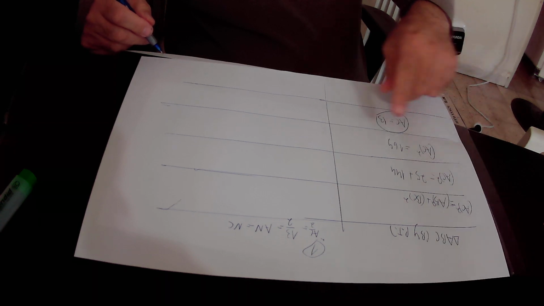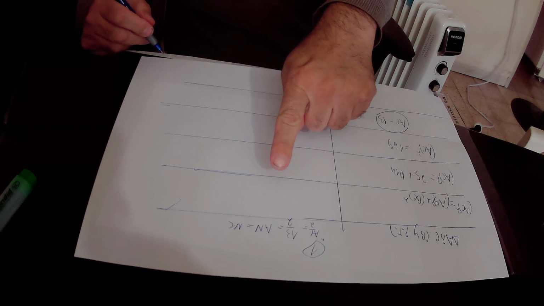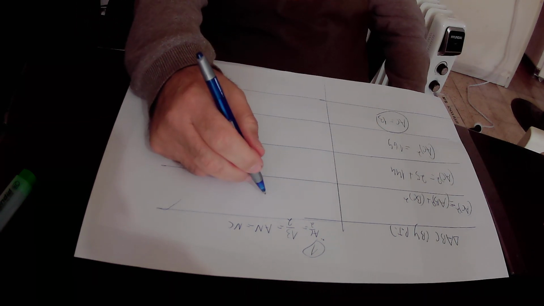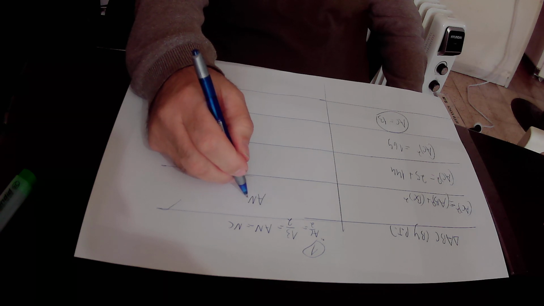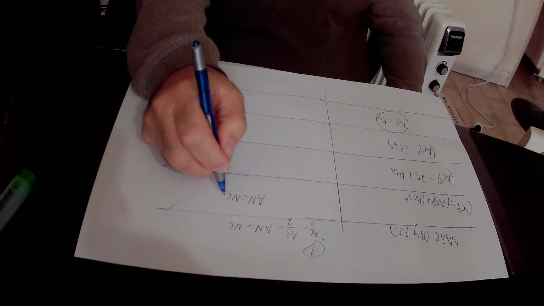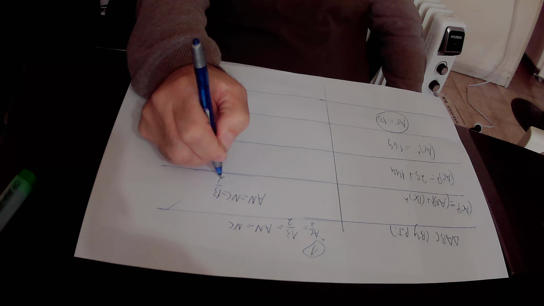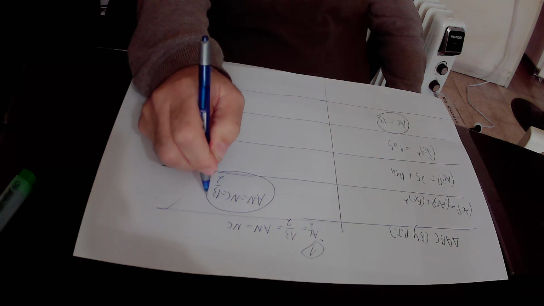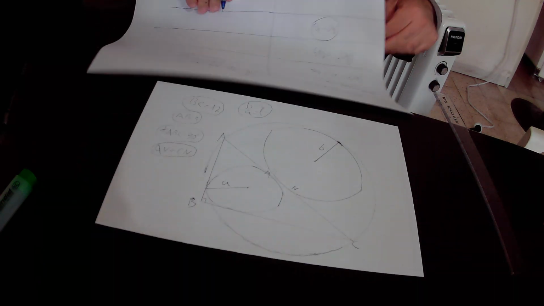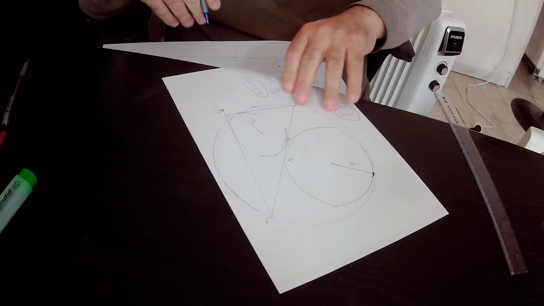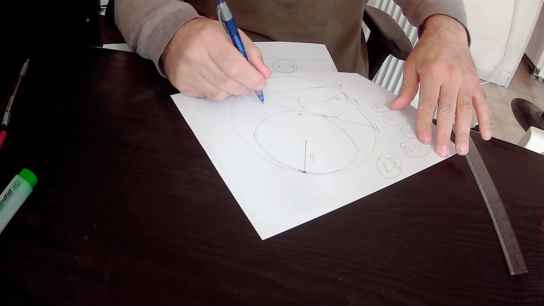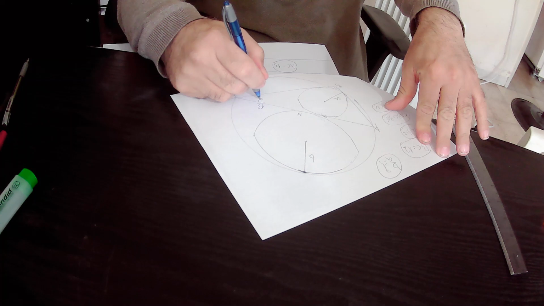So we find out that AN equals NC equals 13 over 2. So we can write here that this line segment NC equals 13 over 2 units in its length.